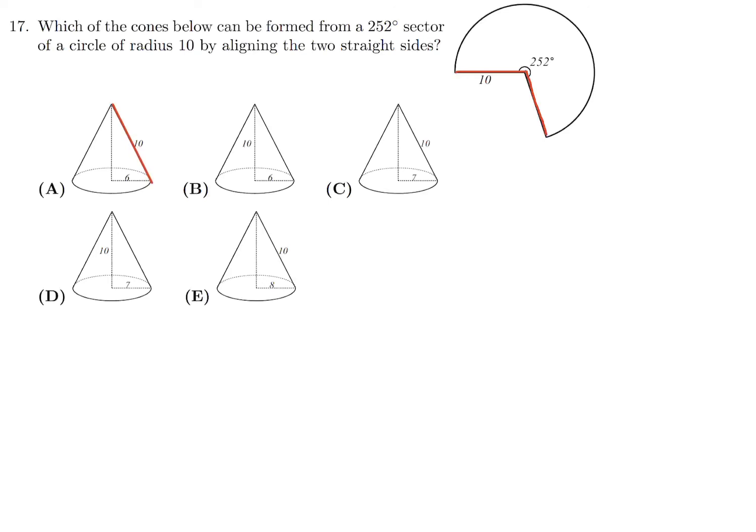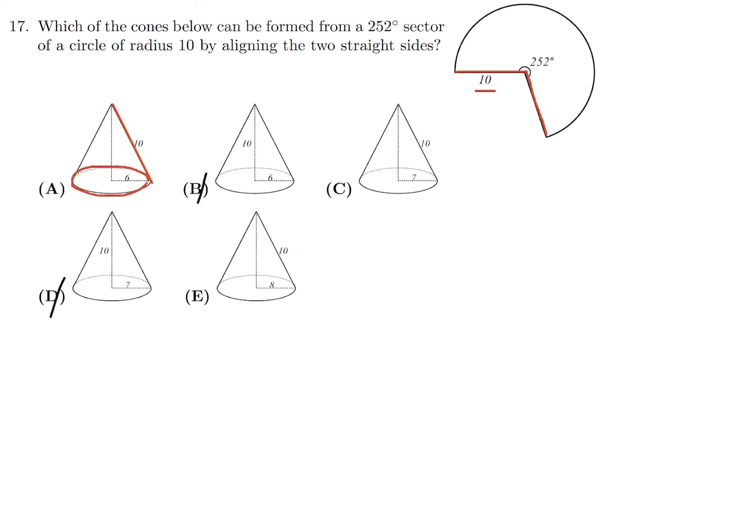That is where the red will join together. So immediately we know that that is going to be 10 because they've labeled it as 10. So the good news is that allows us to eliminate B and D. All right? So the only thing left now is to figure out the radius of the new circle. This new circle right here.